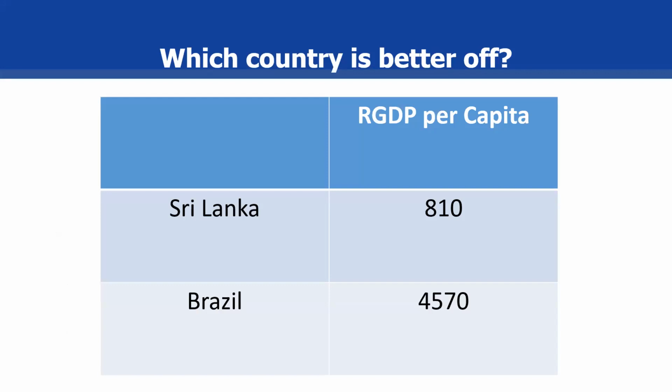Okay. Another important concept that we have in this chapter is economic development. And remember that the economic development is different from economic growth. Economic growth is all about this increase in real GDP. Economic development is more than increase in real GDP.